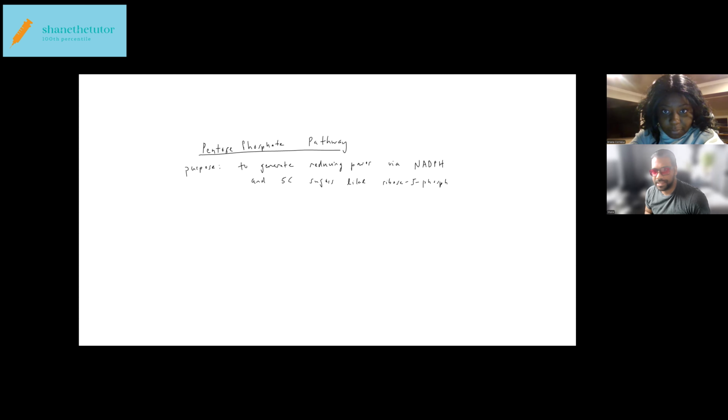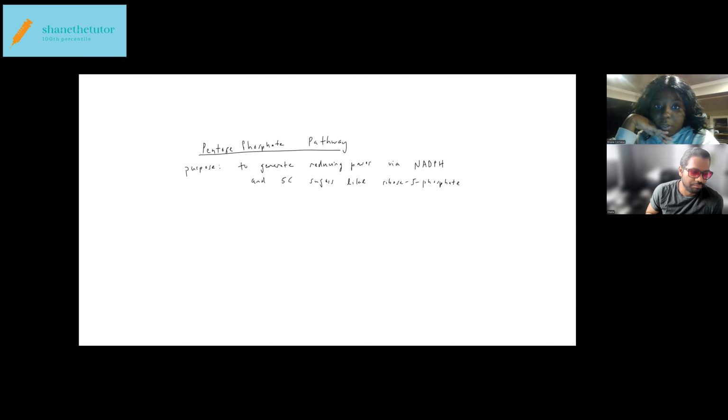So its purpose is to generate reducing power by making NADPH and five carbon sugars like ribose 5 phosphate, which could be used for DNA, RNA, ATP, NAD, things like that.